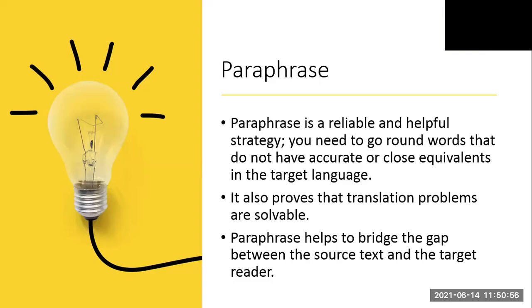So suppose you have a word that does not have an equivalent. ليس لها المقابل. So you go around words that do not have close equivalents, of course, in the target language, and you provide a paraphrase. And paraphrase shows you that you can solve any problem.